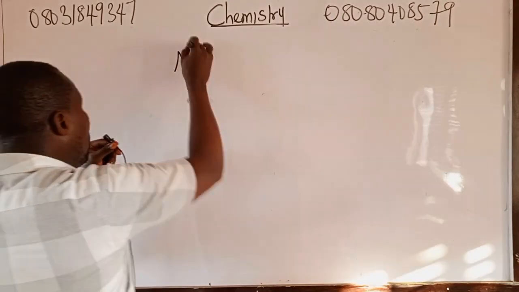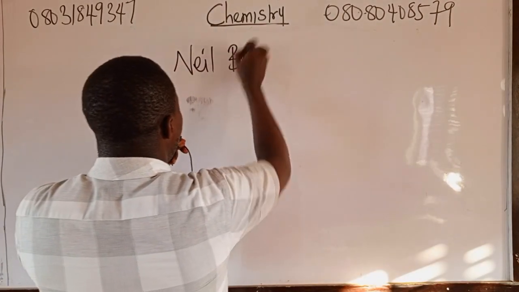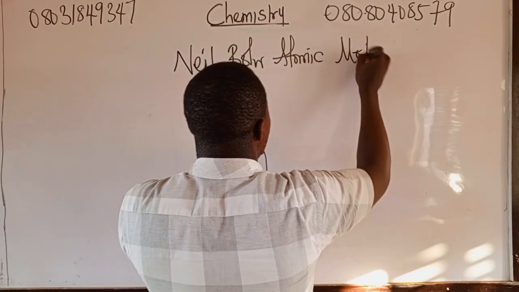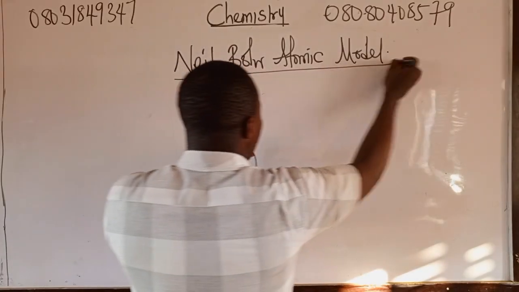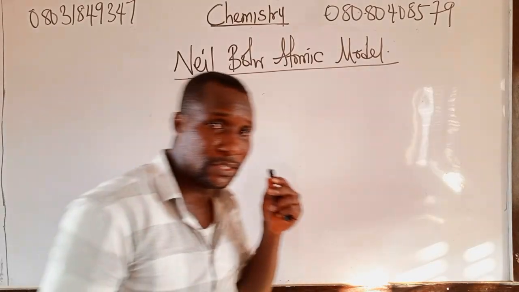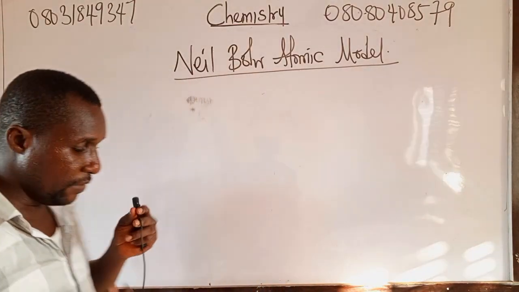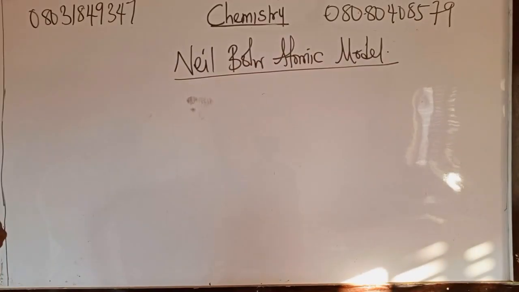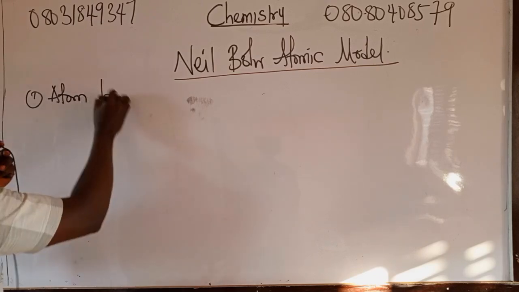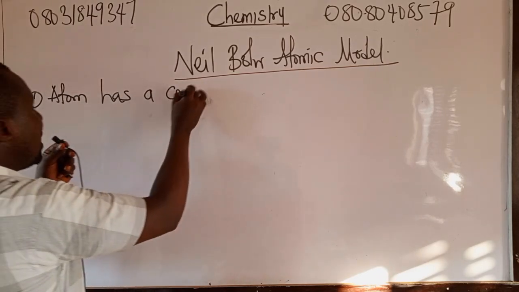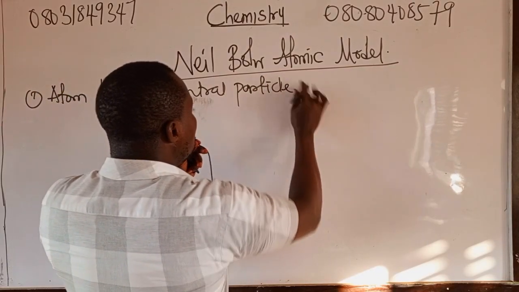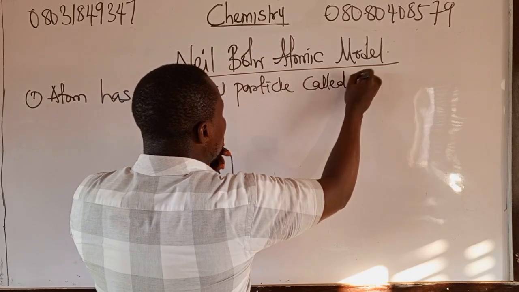Then let us look at the Bohr atomic model. We are going to be fast, and we look at some formulas under this. The first one says an atom has a central particle called the nucleus.